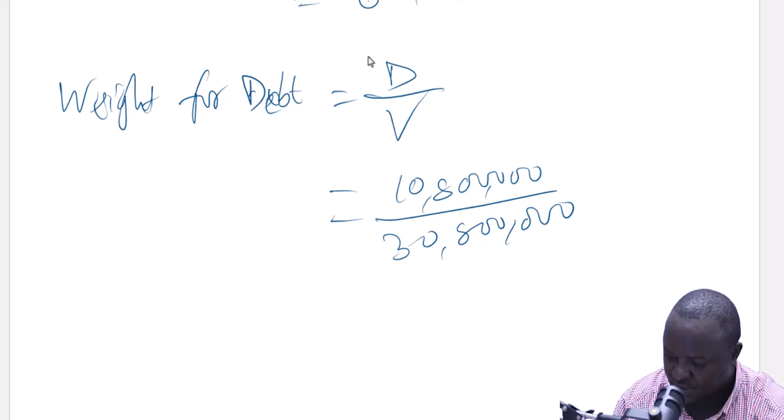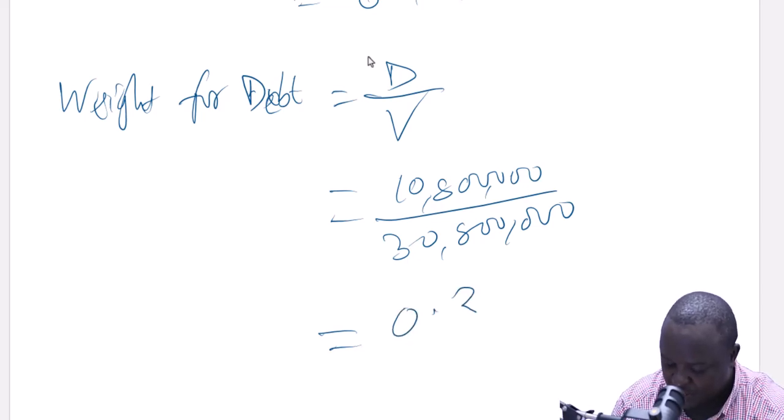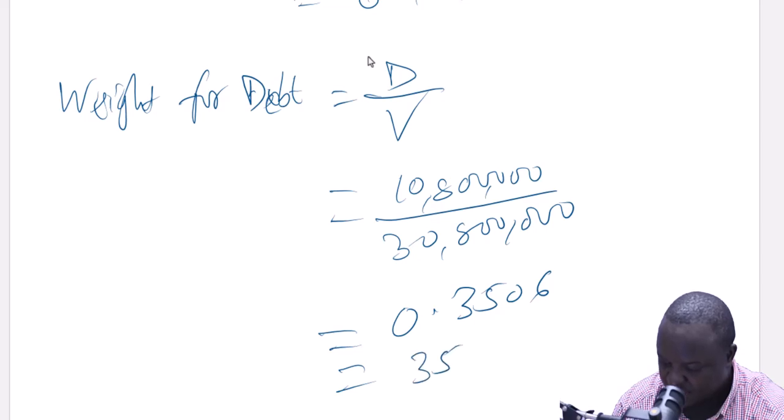So you will get 0.3506, which is the same as 35.06%.